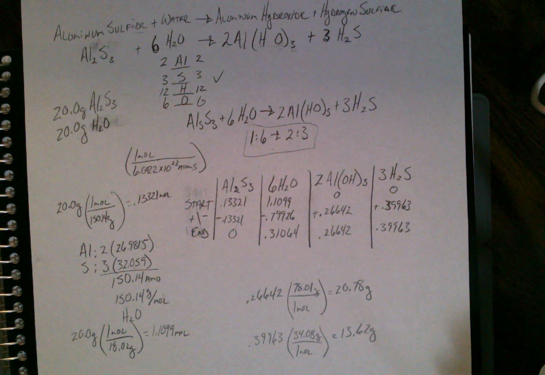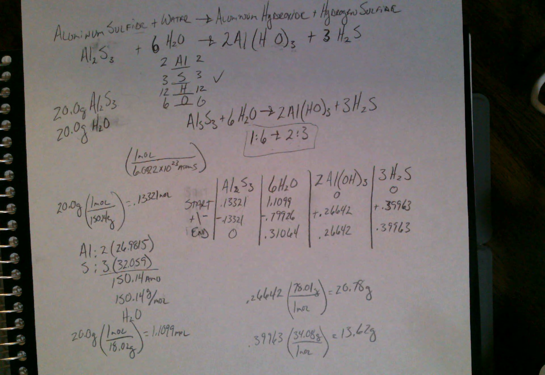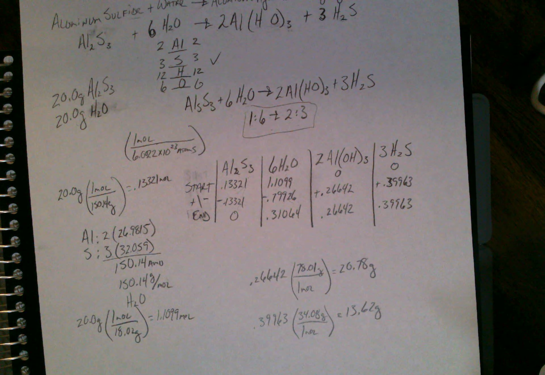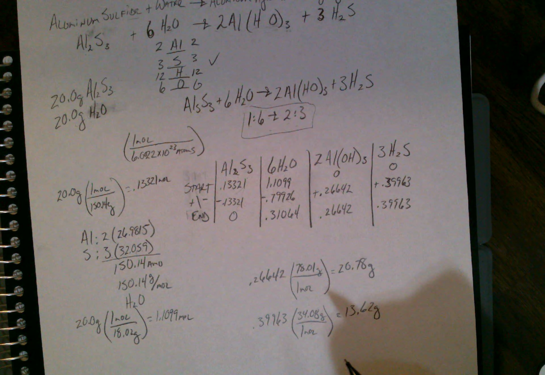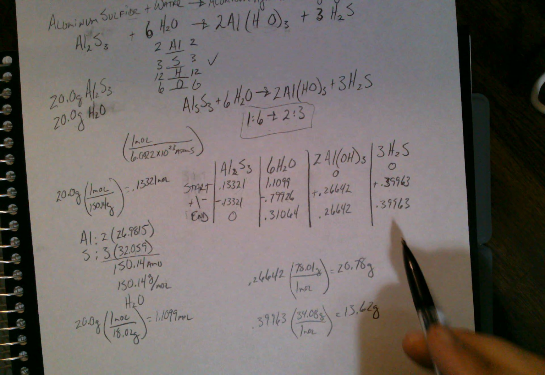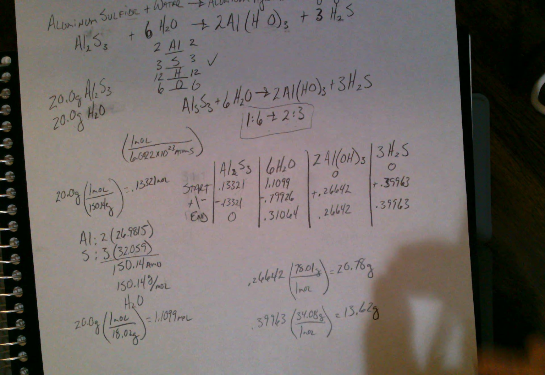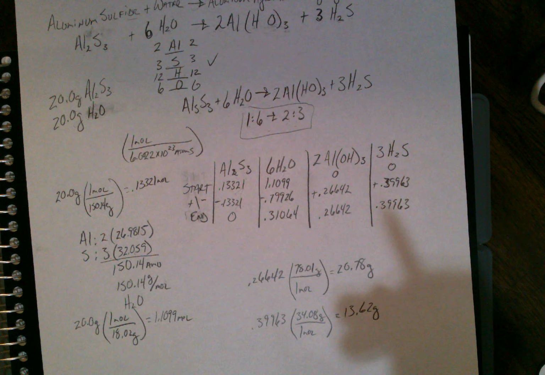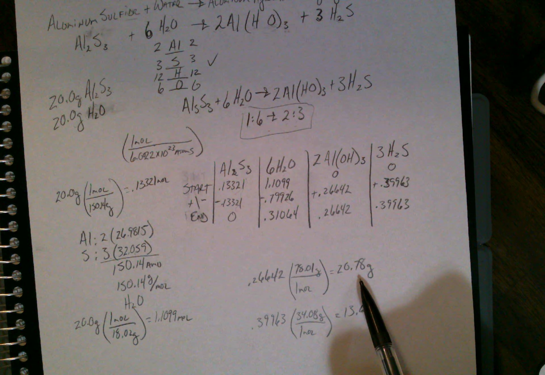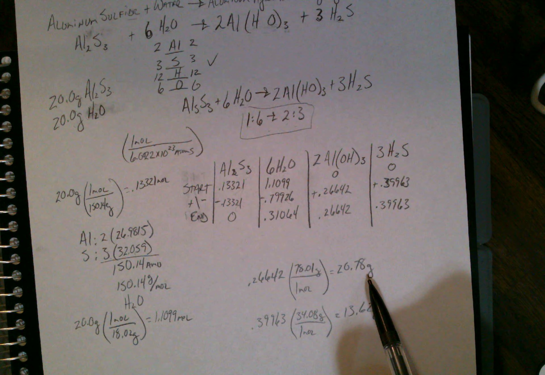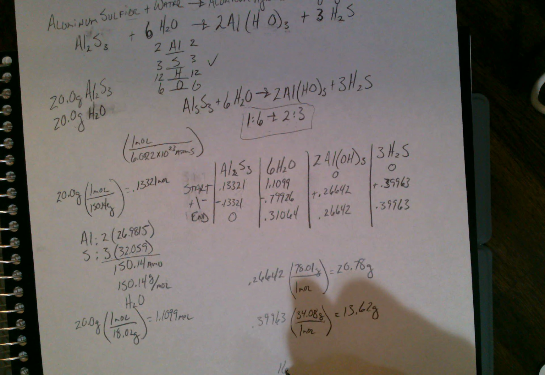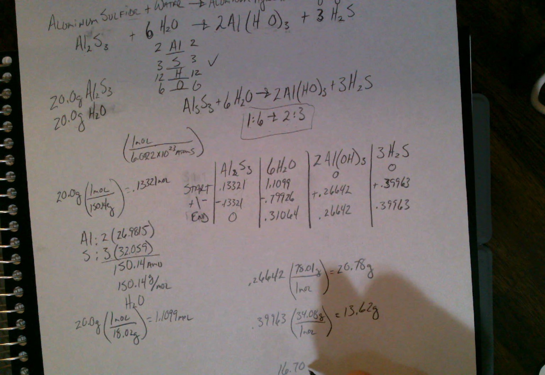That is not what we're going to do right now, because there's one more thing you need to know about an experiment like this. Most of the time you're not going to get these theoretical, pure, perfect results. A lot of times you're going to end up with a little bit less. Let's say that theoretically you wanted to create 20.78 grams of aluminum hydroxide, but you were only able to create 16.70 grams.